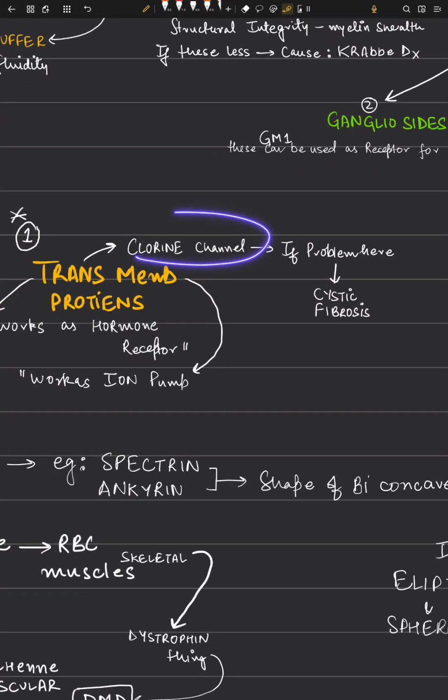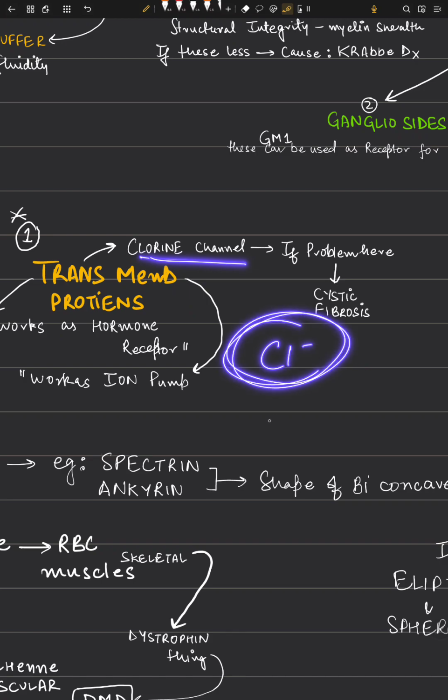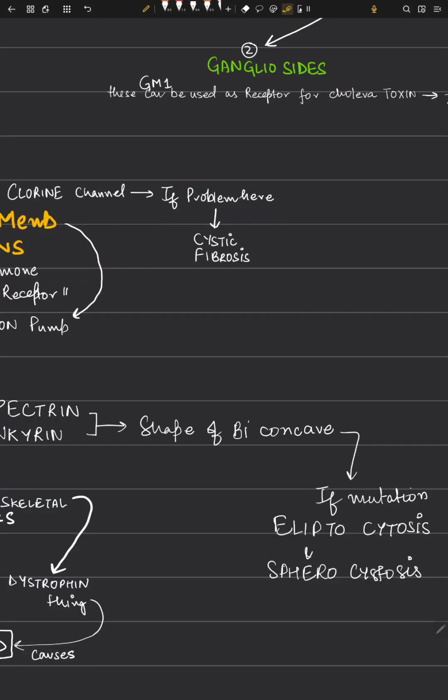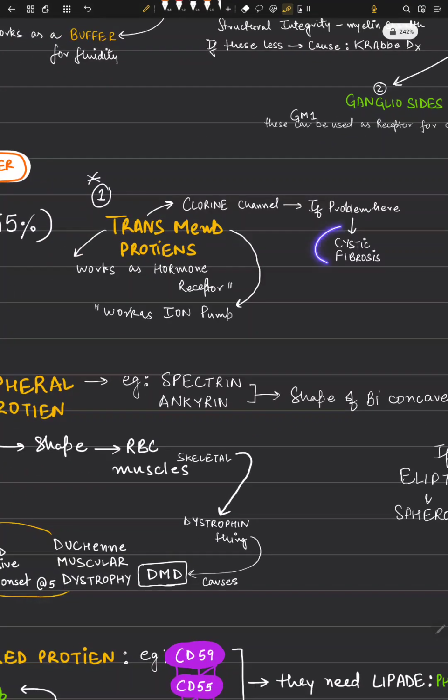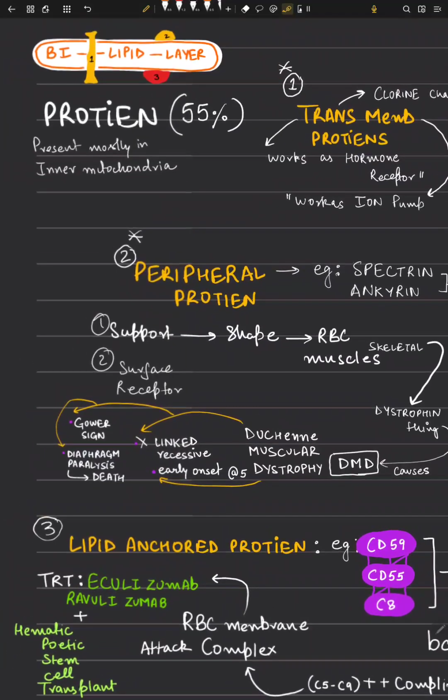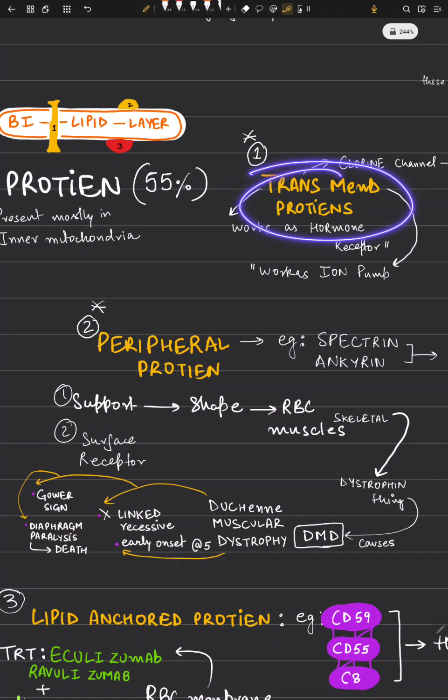So if your chloride channels are working well, you will have no problems. But if your Cl minus channels are defective, the electronegativity of the cell is messed up, and you will have this disease called cystic fibrosis. I don't want to talk a lot about cystic fibrosis, big topic. So this is transmembrane.